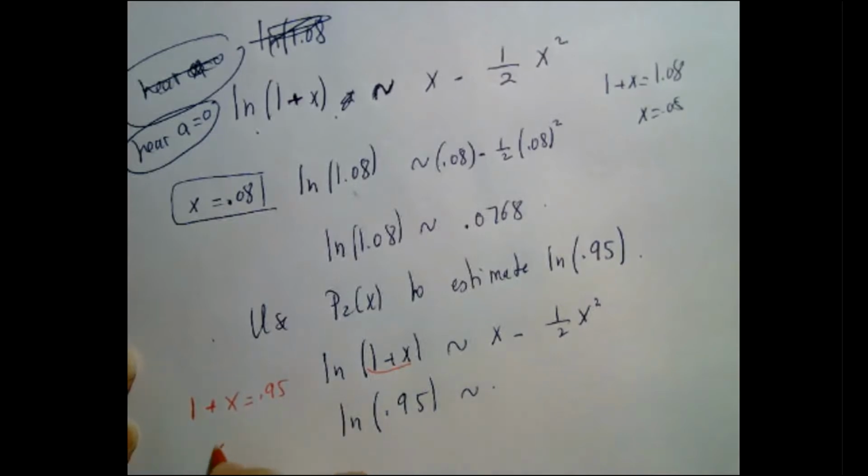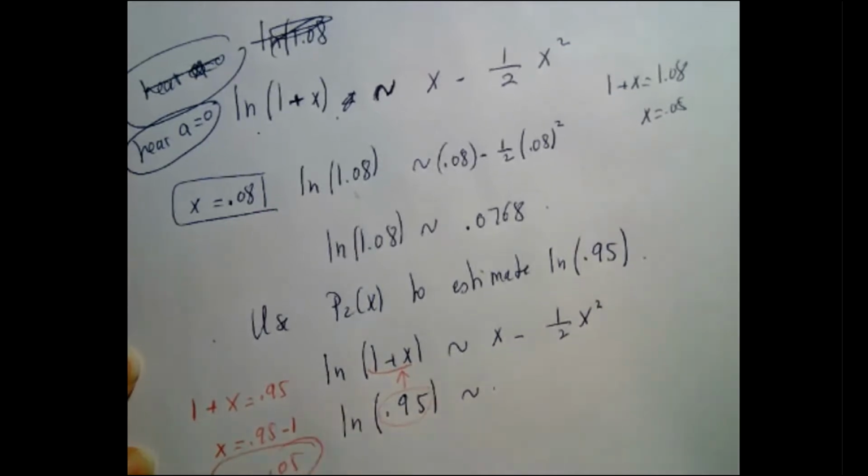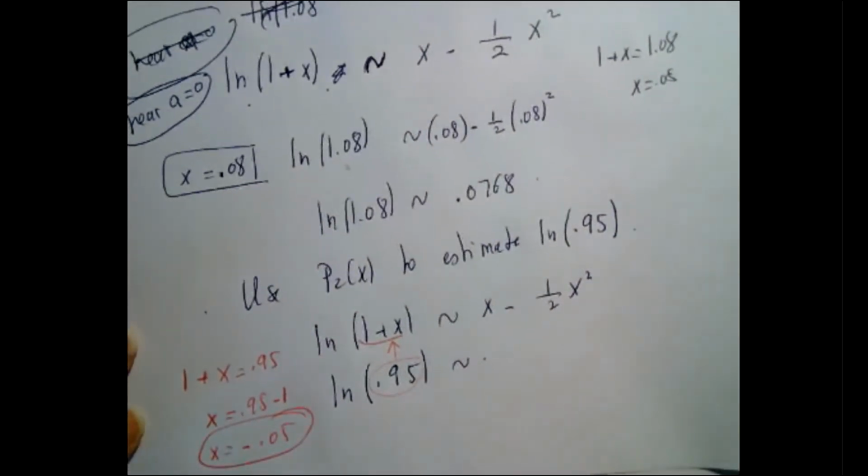It means 0.95 should play the role of 1 plus x. So it means my x is 0.95 minus 1. That's really how my x is. So it means my x is minus 0.05.